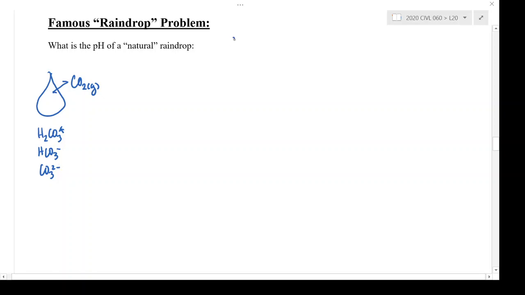So this is an open system problem, which means that the water is in equilibrium with atmospheric CO2, or CO2 gas in the atmosphere.